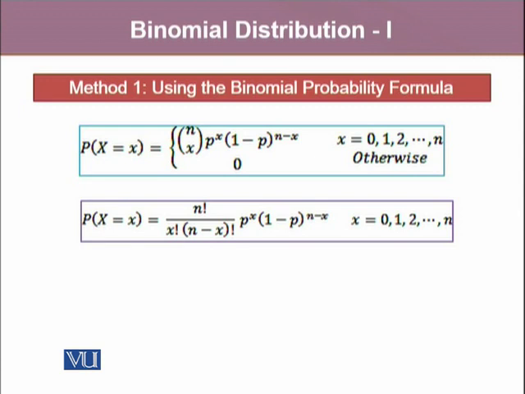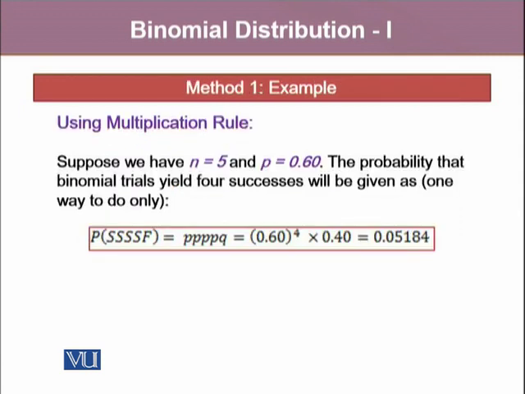So, the probability mass function can be described by these 2 equations. Let's use a simpler form. Suppose we have n equals 5, which denotes that our Bernoulli trials are repeated 5 times, with probability of success 0.60.